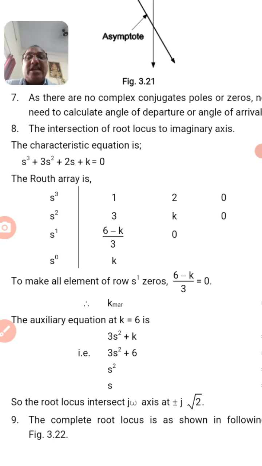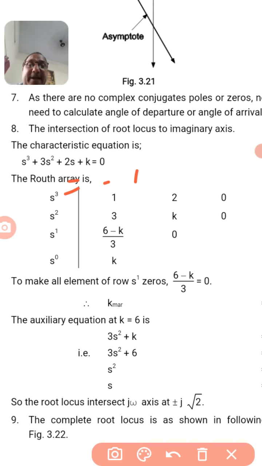If I plot the Routh coefficients with reference to s3, s2, s1 and s0, it will be 1 corresponding to s cube, 2 corresponding to s raised to 1, and 0 after that.